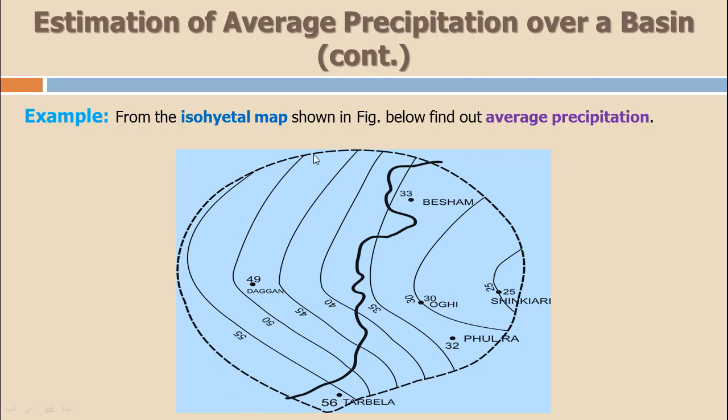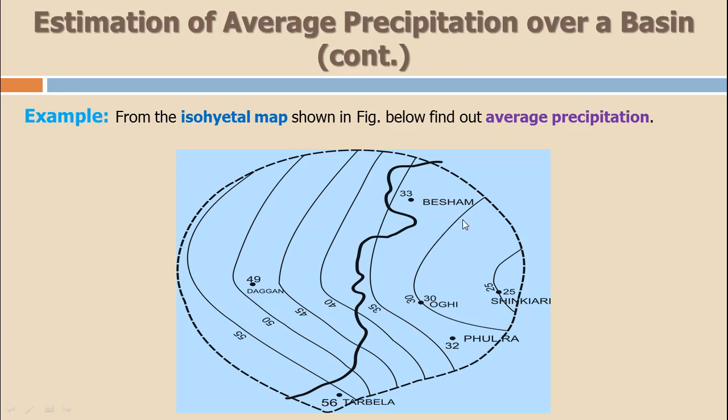This is a map, the catchment area of this river, and these are the different gauging stations, the points, and in these points different isohyetes have been drawn, like isohyetes of 25 millimeter, 30 millimeter, 35, 40, 45, 50, 55 millimeter. Now we will find out the average precipitation using the Isohyetal method.